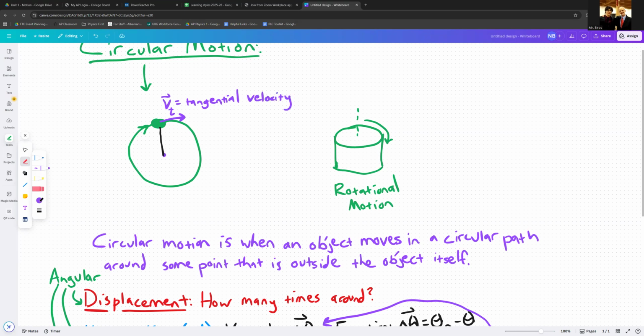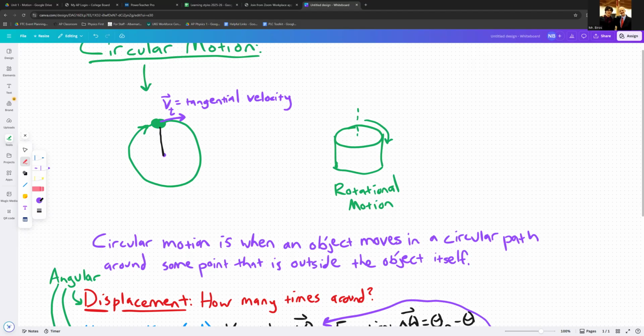And we're going to look at what happens to this tangential velocity as it goes around. Again, I like to think of this as what would happen to the object, or what would it do, right? What would the velocity look like if we suddenly released it from circular motion? Because it has this velocity as it goes around. The velocity is there. It is moving in that exact direction.